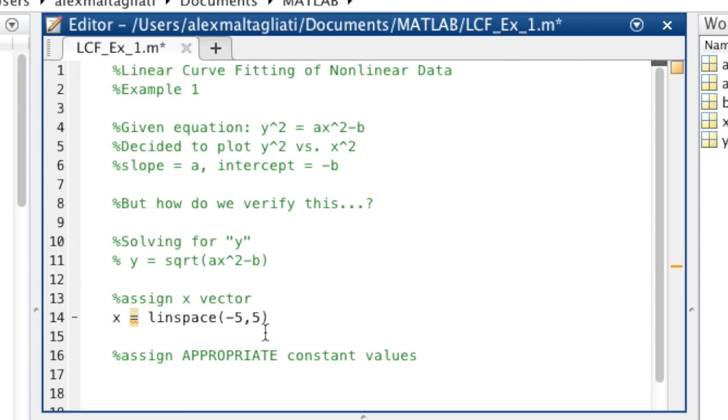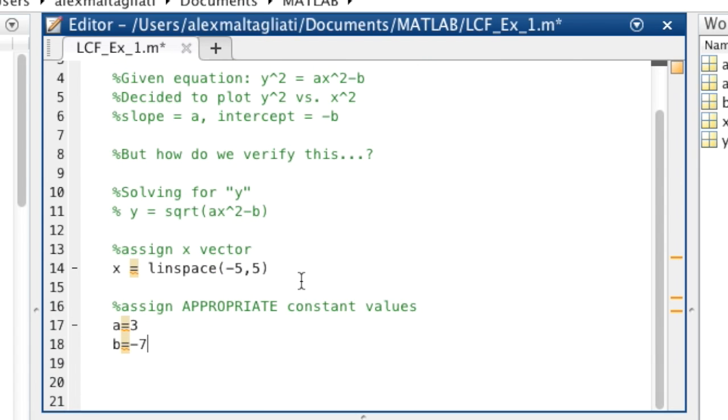Okay, and what I mean by appropriate is if you look in here, this is why we solve for y, we see that we want to avoid imaginary numbers, so you're going to want ax squared minus b to be positive values. So let's make a equal to 3 and b equal to -7, because when we subtract a negative value we'll get a positive value.